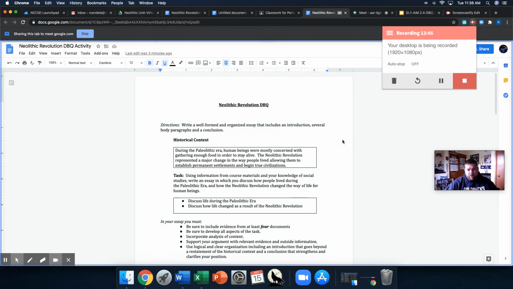And we can see from our historical context, during the Paleolithic era, human beings were mostly concerned with gathering enough food in order to stay alive. The Neolithic Revolution represented a major change in the way people lived, allowing them to establish permanent settlements and begin true civilizations.